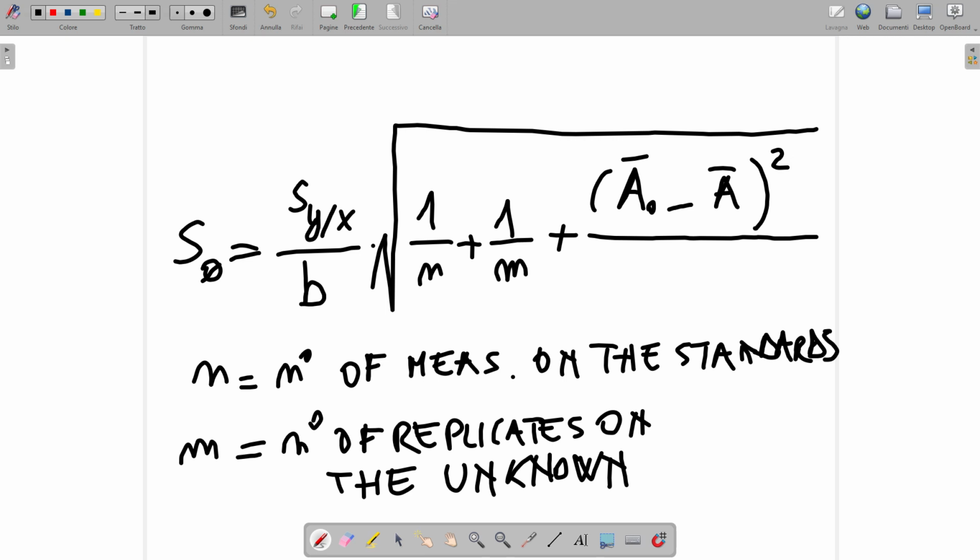What is A average? Average area. It is the sum of the areas obtained for the standards divided by the number of measurements performed on standard samples.